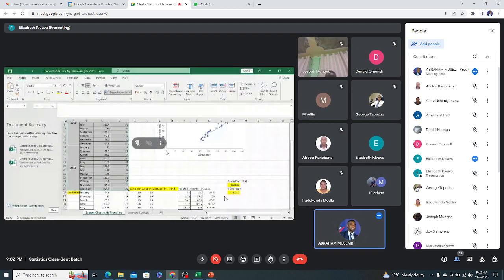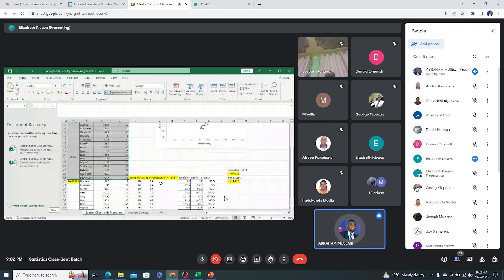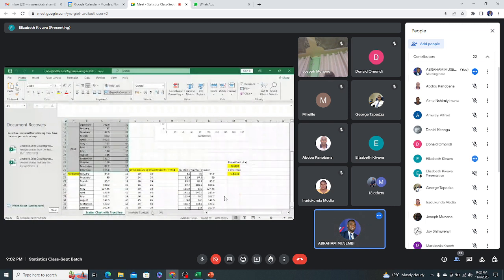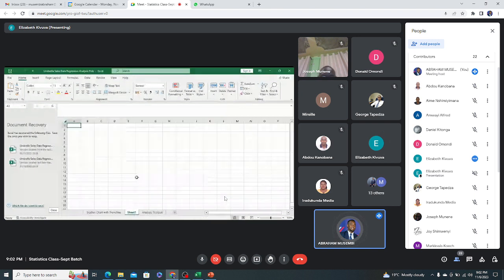Okay, good. You can just copy the data set into a new worksheet.